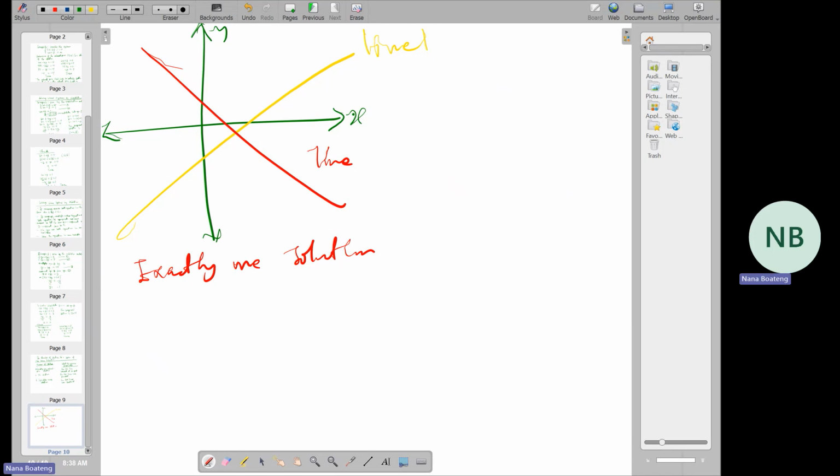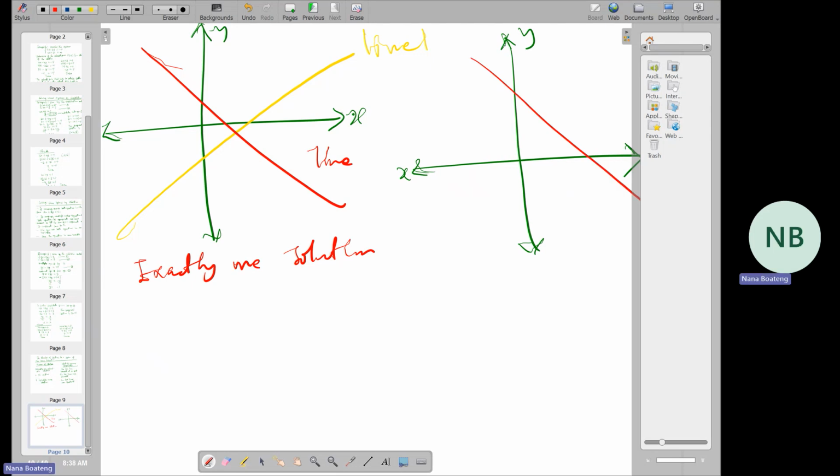If the system has no solution, then it means the two lines are parallel to each other. So you have two lines which are parallel. They can go either left or right.